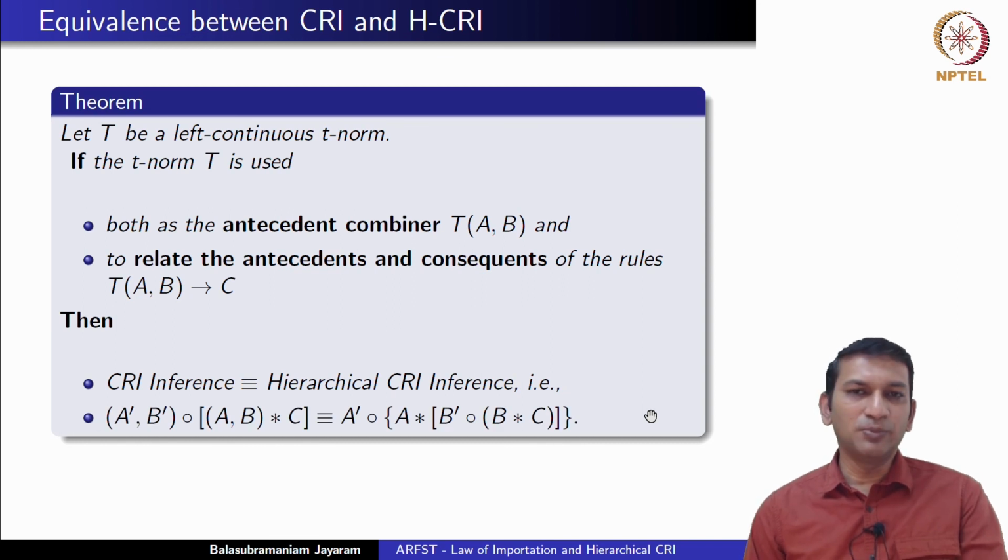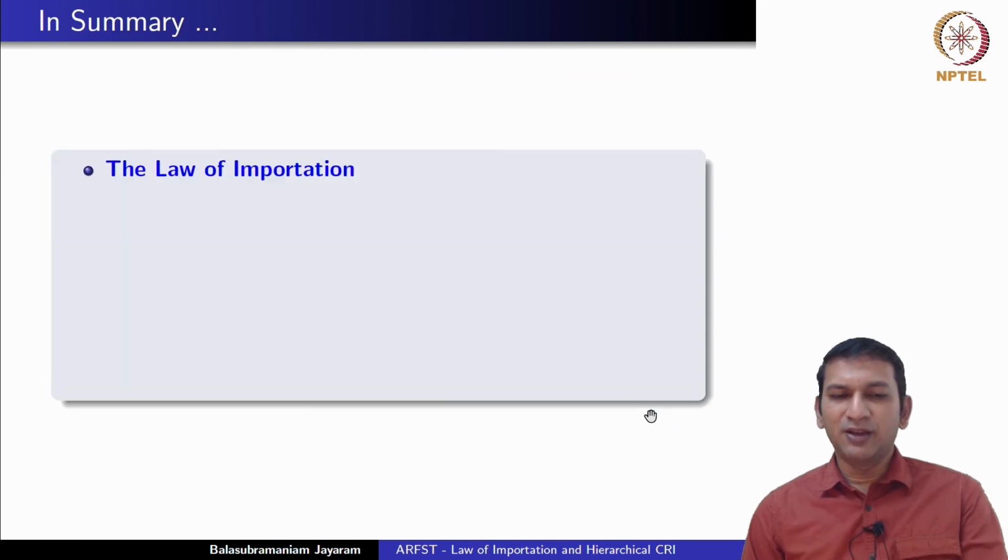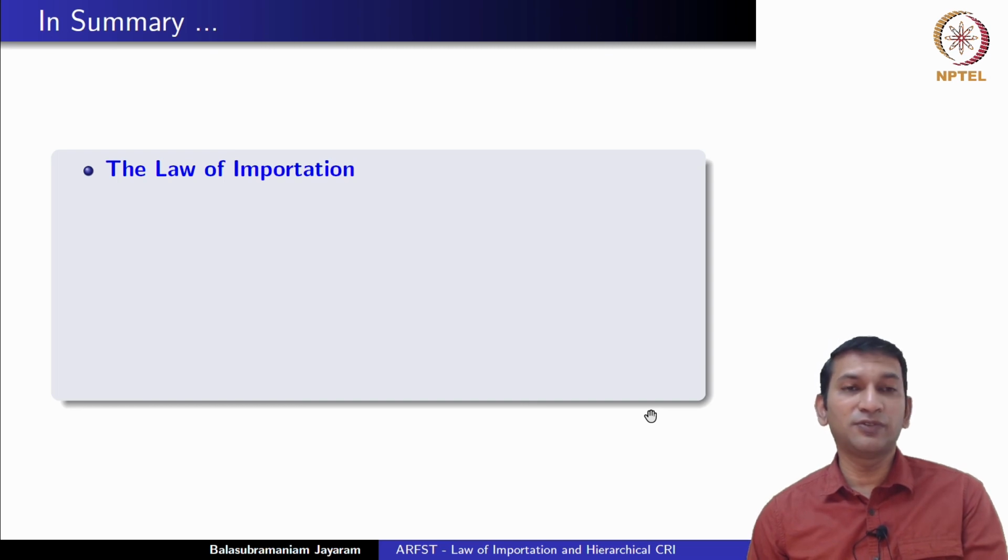So we see the important role played by law of importation here in ensuring that the computationally efficient mechanism is in fact also correct. In summary, we have studied law of importation in one of the previous lectures, and we know that there are many families of fuzzy implications which do satisfy this law of importation. We have seen that in the case of restricted lattices, it is always available, and we have made use of this multiple times in proving desirable properties of FRIs especially.